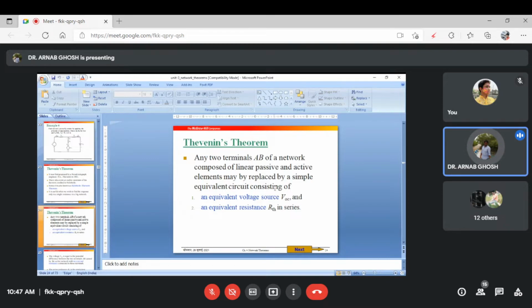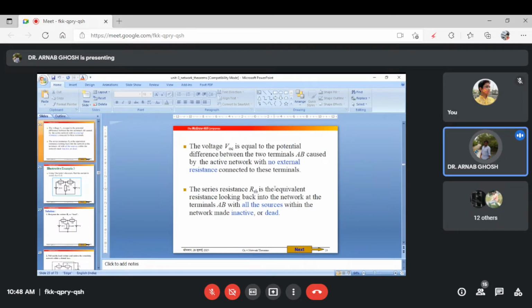We will go through the steps once, so this will be easy for you. Let us say we are considering any two terminals AB of a linear, passive and bilateral network. We are considering an equivalent voltage source of VOC and an equivalent resistance RTH in series.